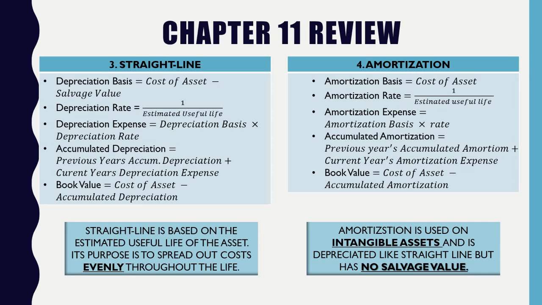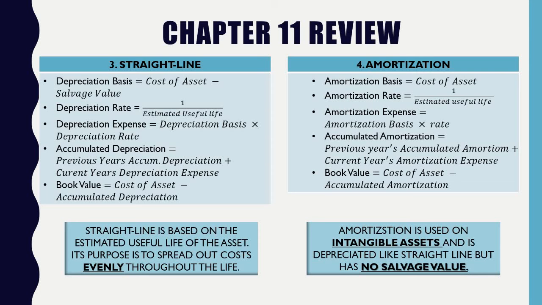So chapter review, right? We got to take a look at straight line, and because amortization is identical except for that one component that we don't have, which is the salvage value, that's why I taught these together. If amortization is similar to straight line, if I teach you one, you should be able to do the other, right?